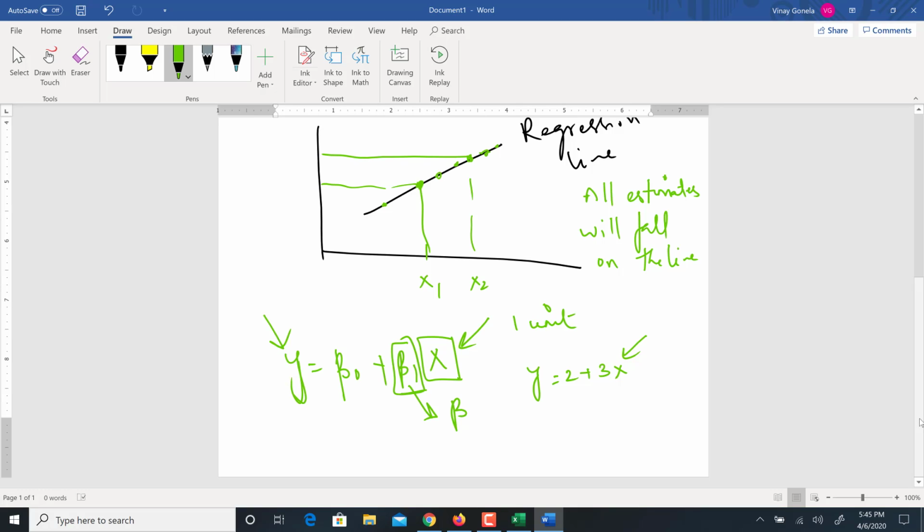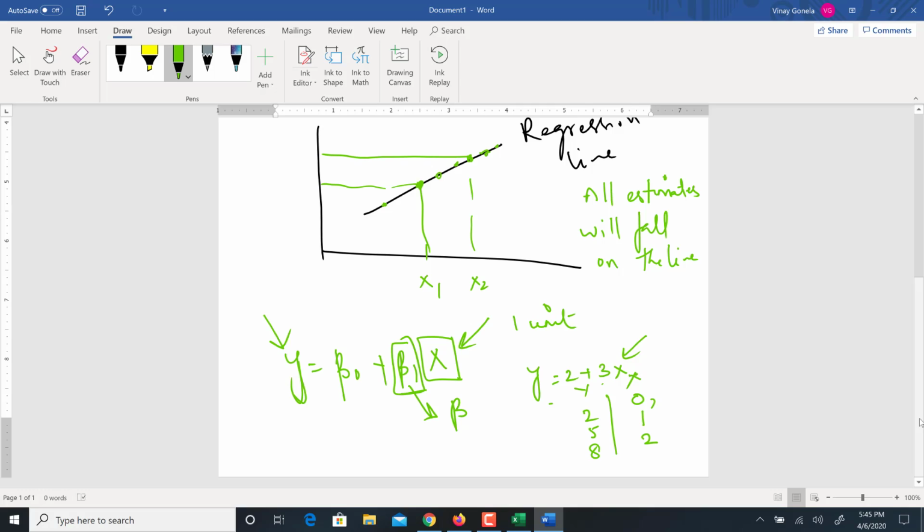If x is equal to 0, y is going to be 2. If I put x as 1, y is going to be 3 plus 2, 5. If I put x as 2, this will be 8.